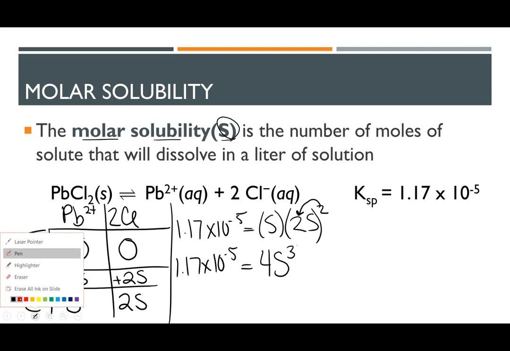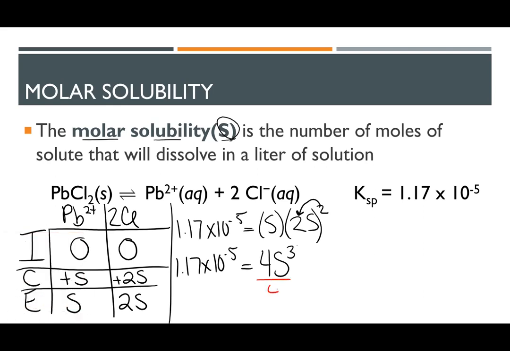So we want to solve for S by itself. So first thing I'm going to do is divide by 4. That cancels. So we're going to have S cubed equals 1.17 times 10 to the negative 5th divided by 4, which is 2.93 times 10 to the negative 6th.